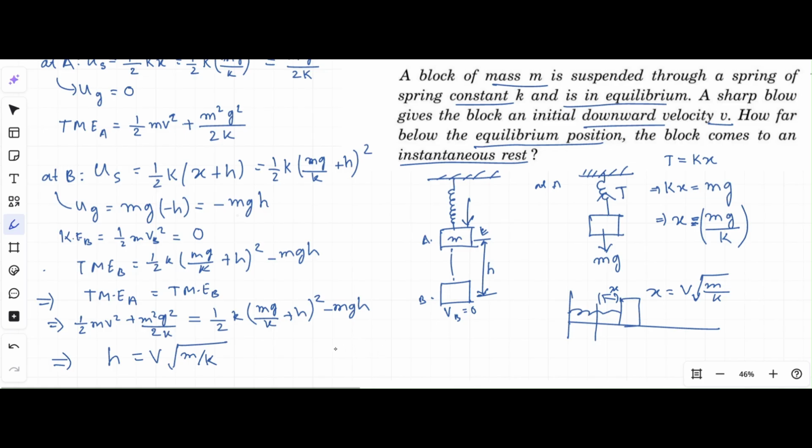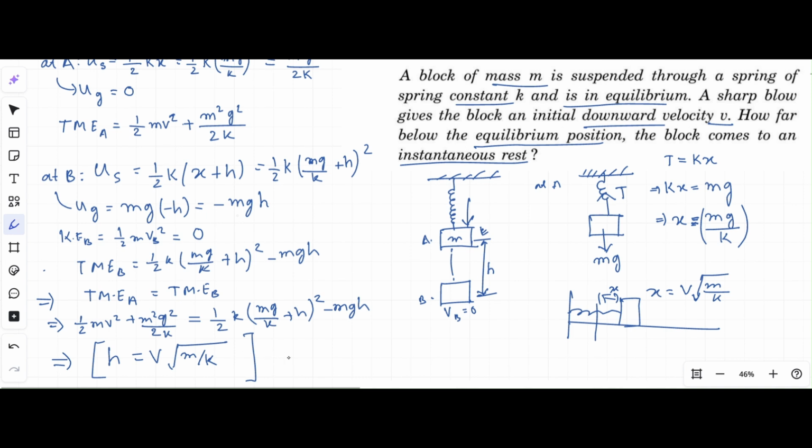So we can conclude that for either vertical or horizontal distance, if an initial velocity v is applied to the spring block system, then the distance it will travel is v under root mass upon spring constant.